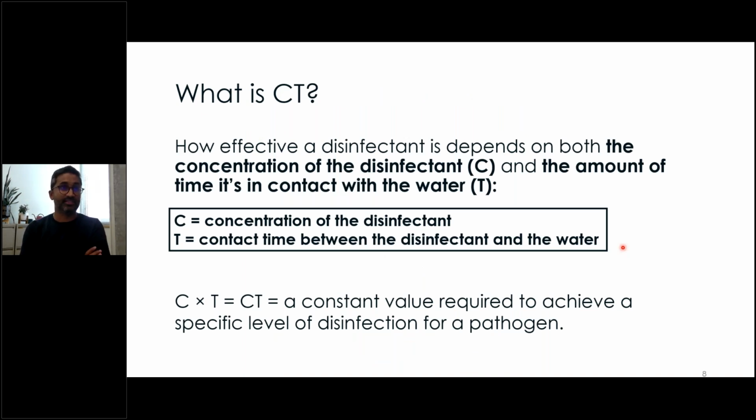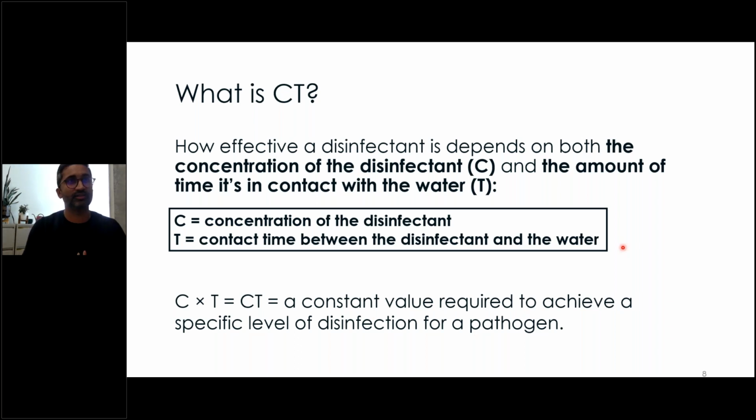So the concept of CT is really a combination of two things. It's the concentration of the disinfectant, so that's what the C is, and it's the amount of time that that disinfectant is in contact with the water, and that's the T. So C is the concentration of the disinfectant, T is the contact time between the disinfectant and the water.